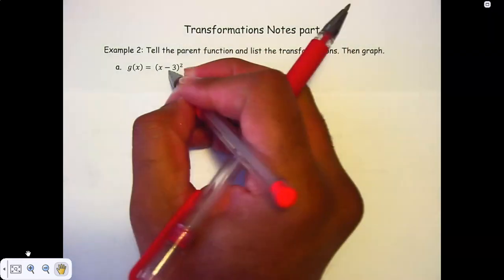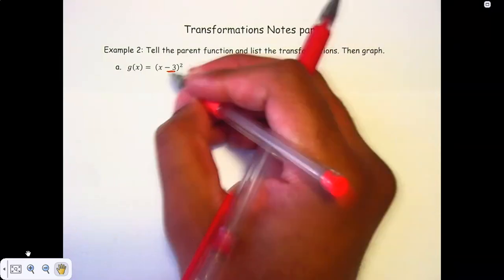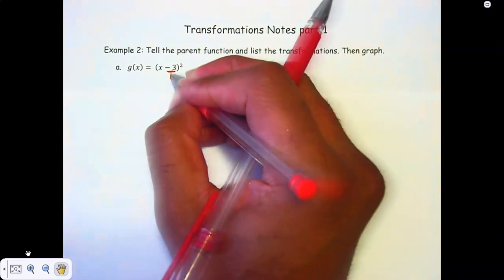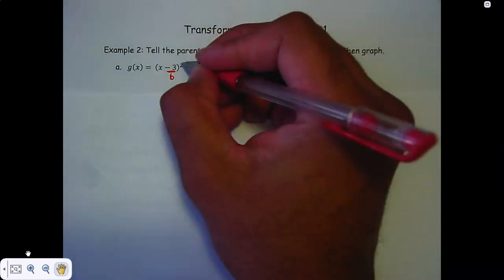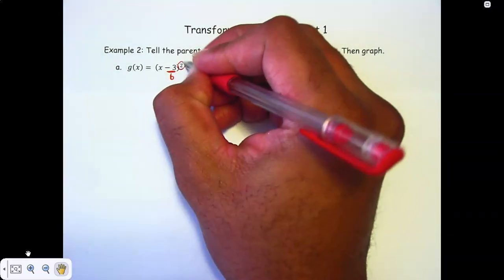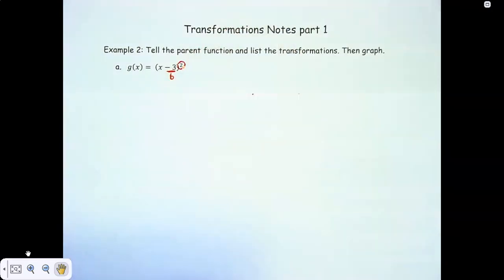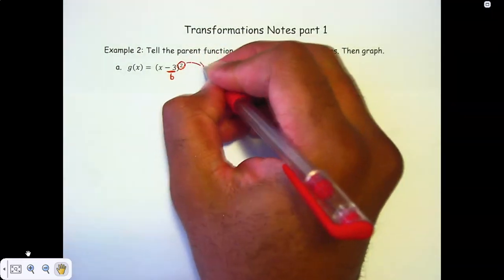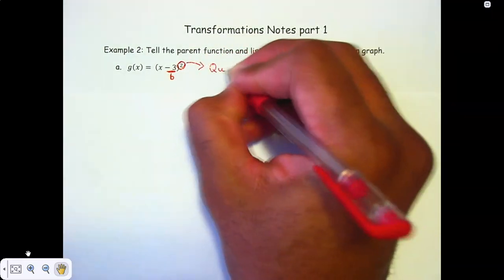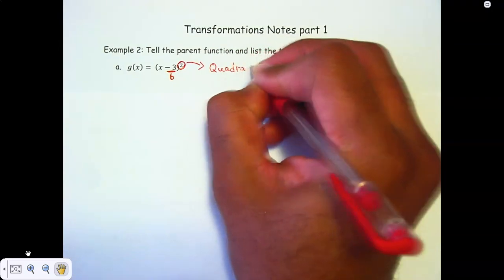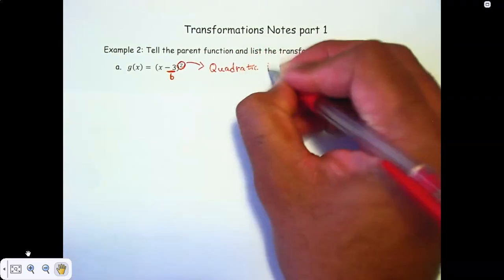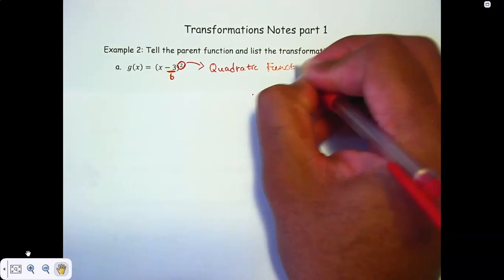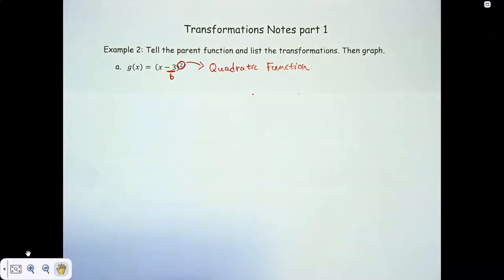So this part right here is on the inside, so you know this has got to be B. But before we go there, let's talk about our parent function. So it's a 2 there again. So just like example 1a, example 2a is quadratic.